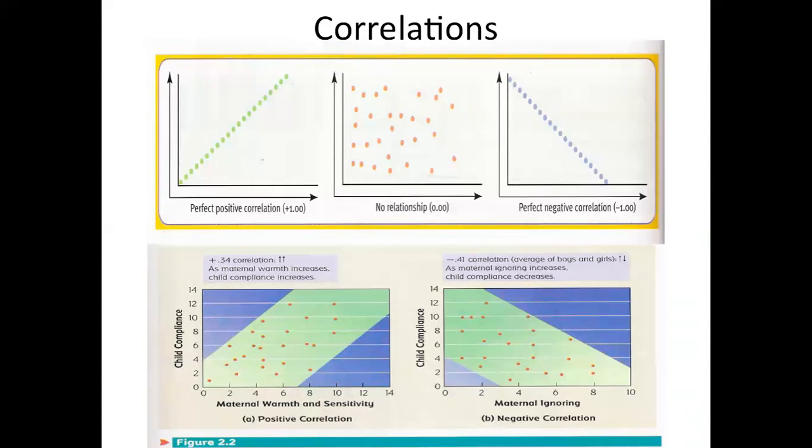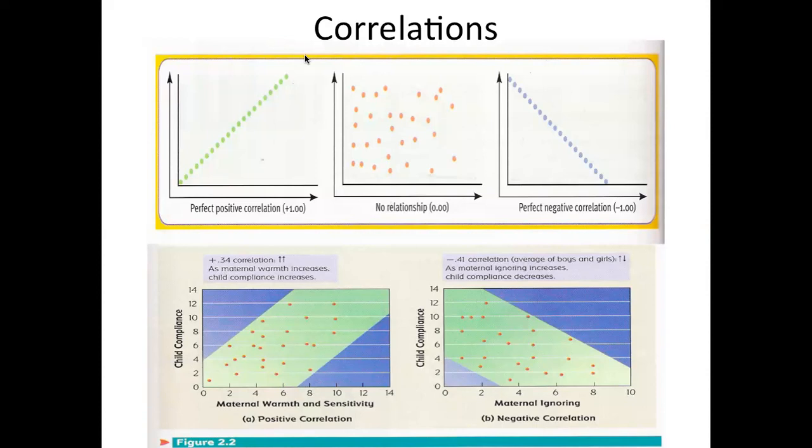So if you were to ignore the sign, which is what you're supposed to do when determining the strength of the relationship or the magnitude of the relationship, which decimal point is higher, 0.34 or 0.41? 0.41, right? So if you look at it, 0.41 is closer to 1.0 than 0.34 is, right? So the bottom right correlation is stronger than the bottom left correlation.